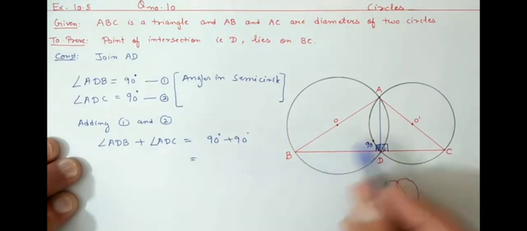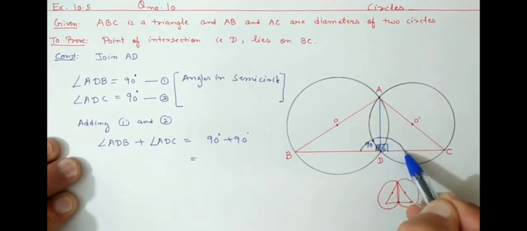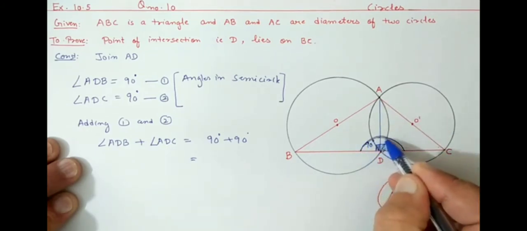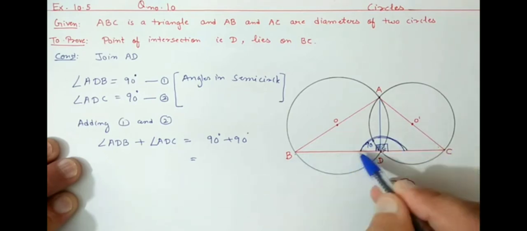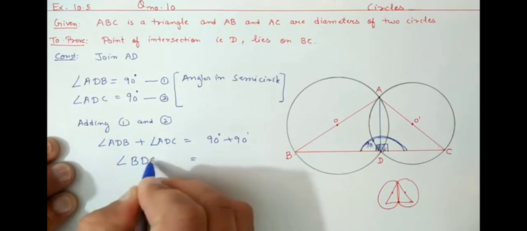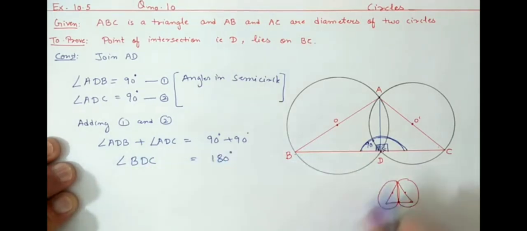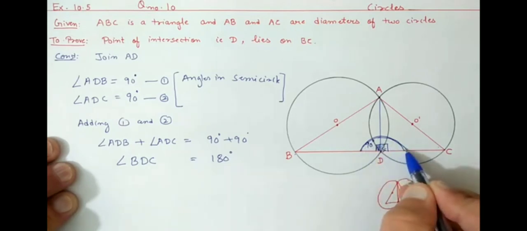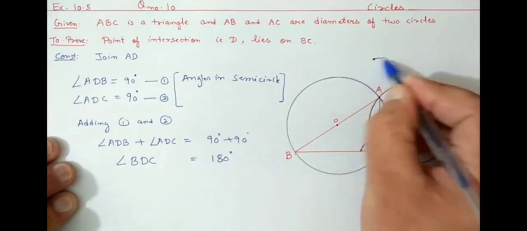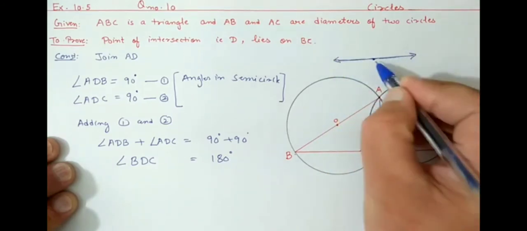Now ADB plus ADC is nothing but angle BDC at the vertex D. So angle BDC is equal to 180 degrees. Now BDC is 180 degrees, so it forms a straight angle.